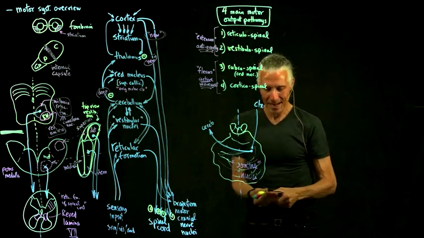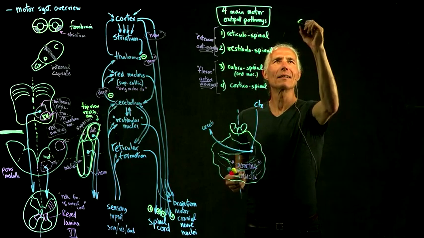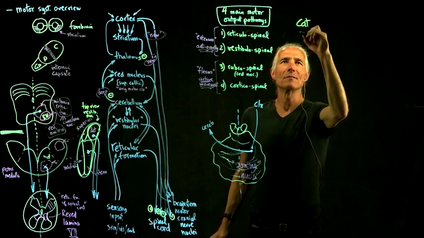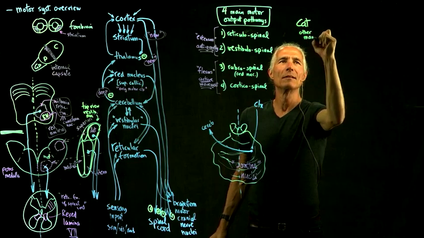So why is that? The reason is, if we look at our cat here, but many other mammals, other mammals are like this. Not all other mammals.